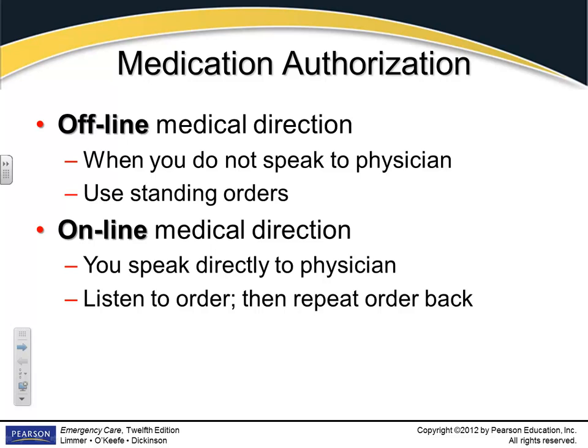And he'll say, or she'll say, yeah, give him up to 3 doses provided his blood pressure stays adequate. Say, okay, thank you. You said I can give up to 3 doses provided the blood pressure stays adequate. That's right. Okay, bye. So you repeat, listen for the order, and then repeat it back to make sure everybody understands it.